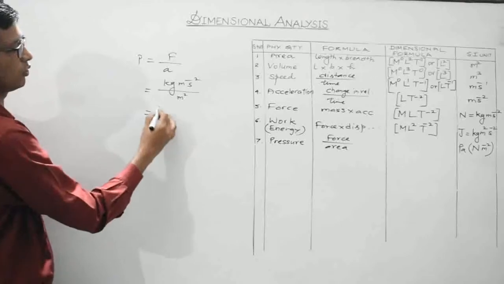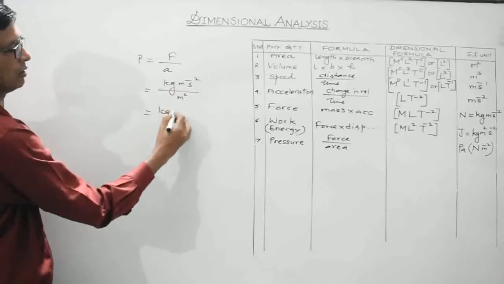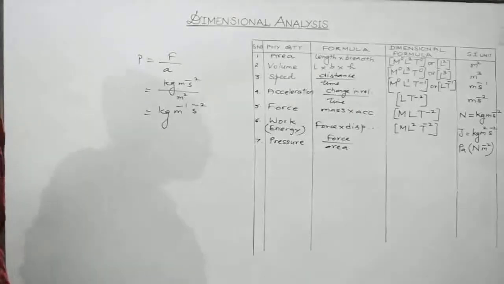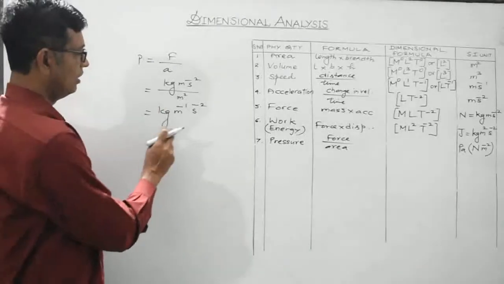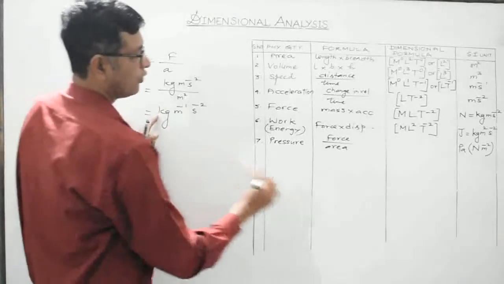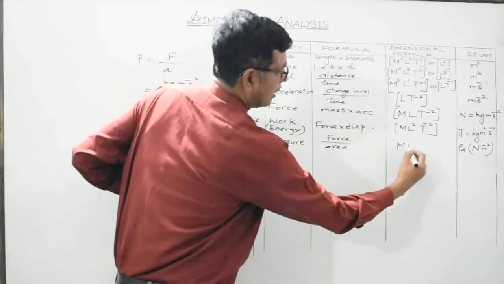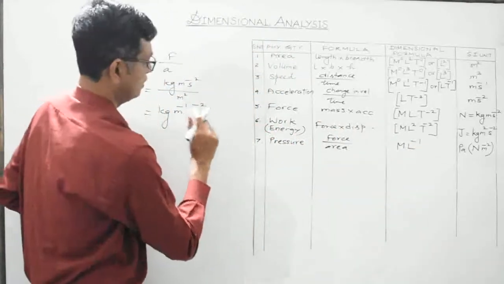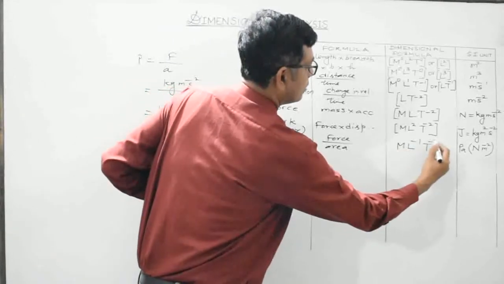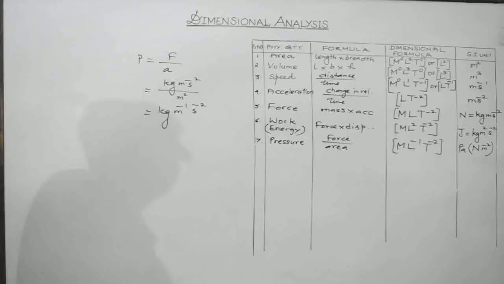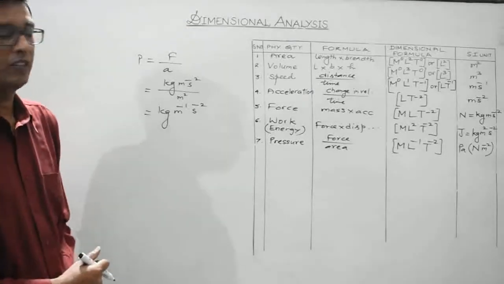Area, it is meter square. What do you get? Kg m^-1 s^-2. Isn't it? Very simple. So what will be the dimensional formula? M L^-1 T^-2. This is the dimensional formula for pressure, right?